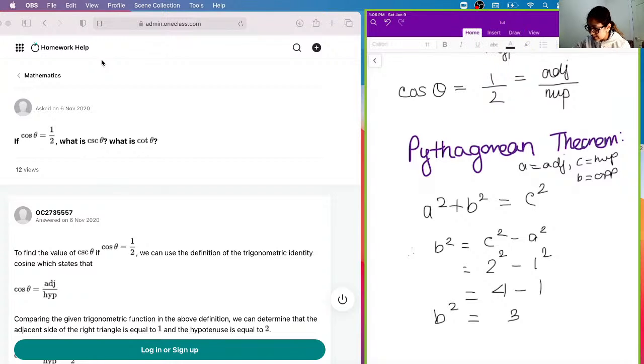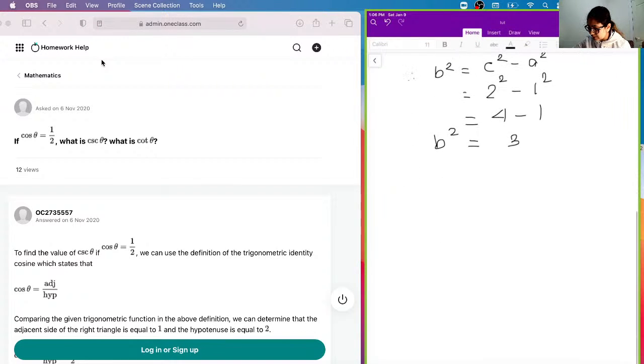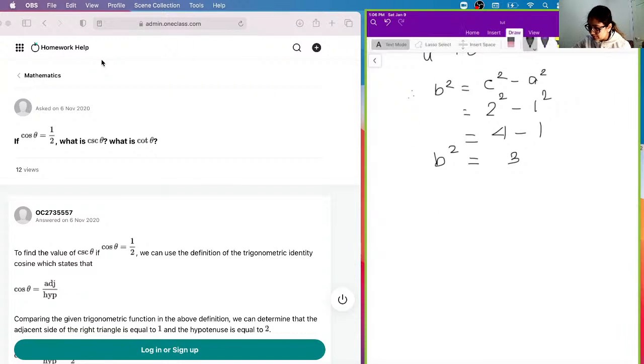However, we're trying to find b, not b squared. To find b, we square root both sides to cancel out the squared. You basically have b is equal to square root of 3. Okay.